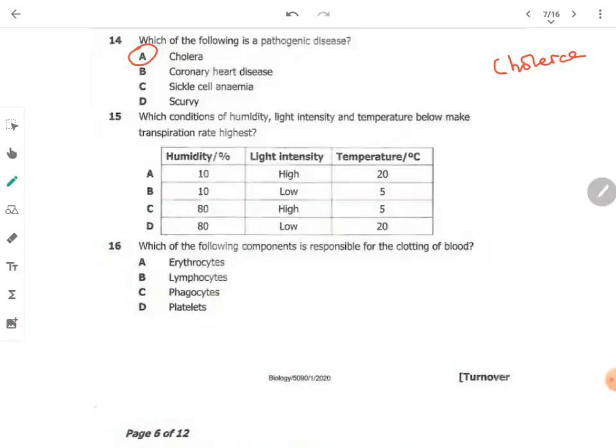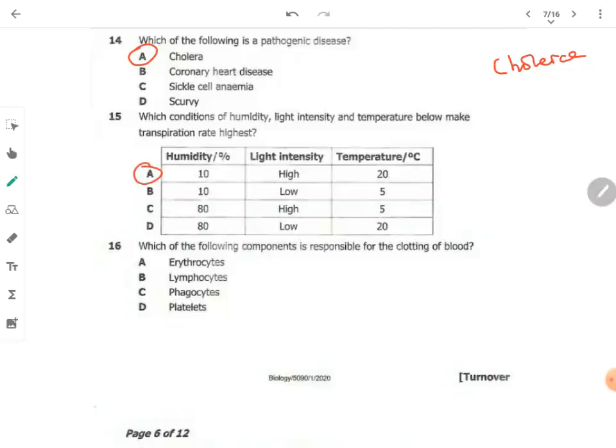When you talk of humidity, you're talking of the amount of water vapor present in the atmosphere. So if you have more water in the atmosphere, that means the plant is likely to lose less water in the atmosphere. But when the plant has more water, and there is low humidity in the atmosphere, that means more water will be lost because there is less water in the atmosphere. So there the answer comes in A.